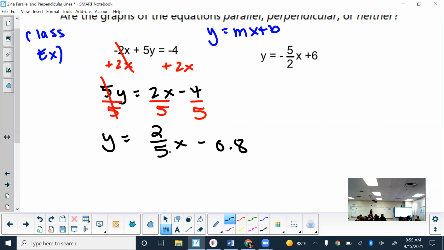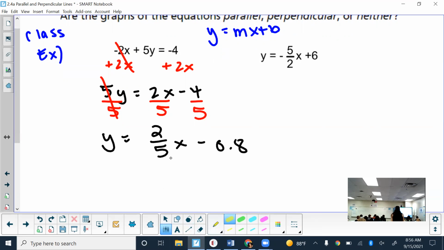So any questions on the rearranging? That's why I like these types of problems for tests, because you have to be able to recognize if they're in the correct form, to rearrange it if it's not in the right form, and then make those comparisons. Is this other one in the correct form? Yes. So now we're just going to compare their slopes.